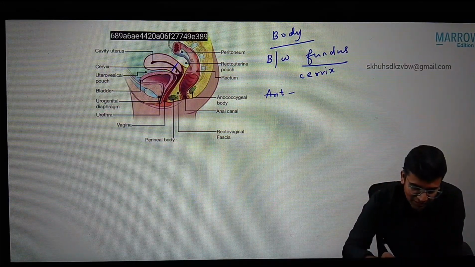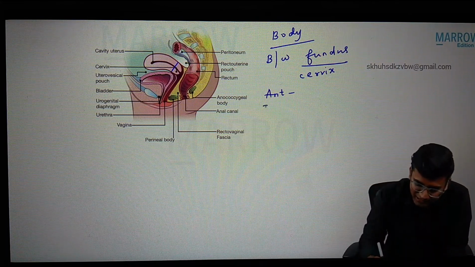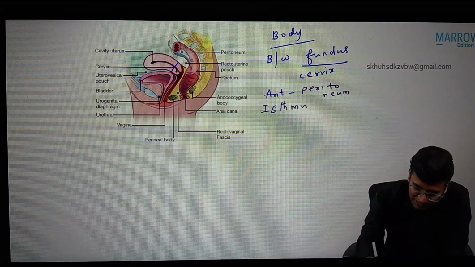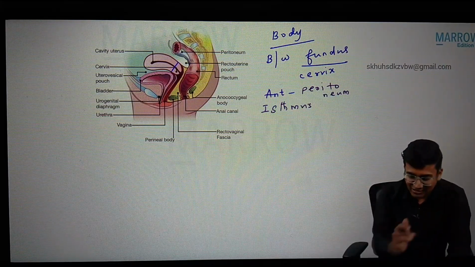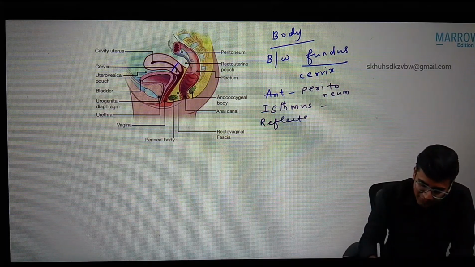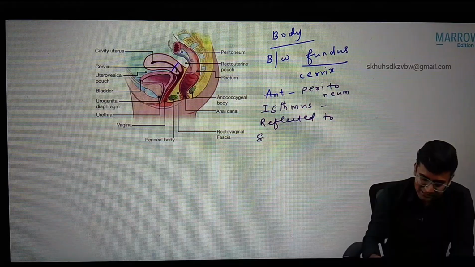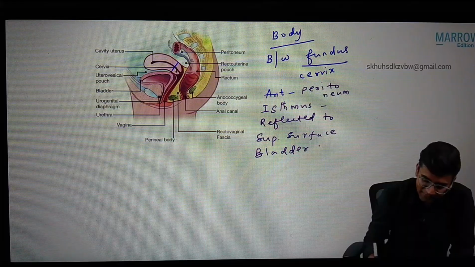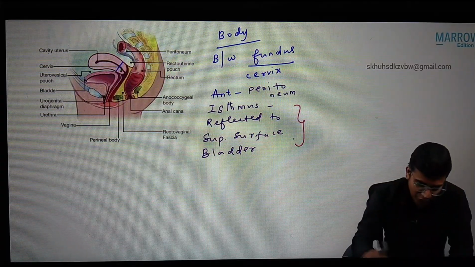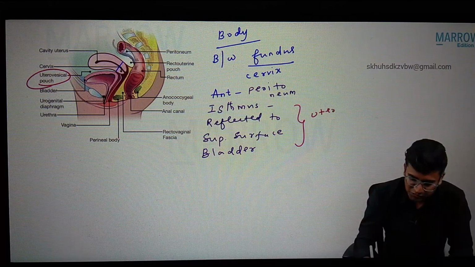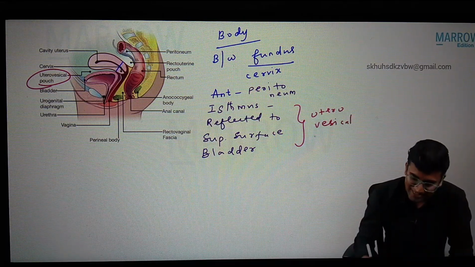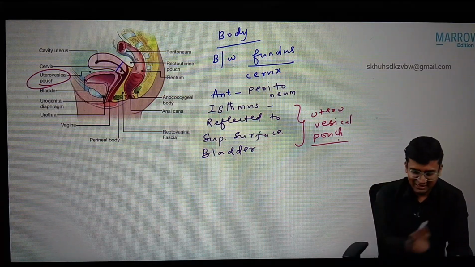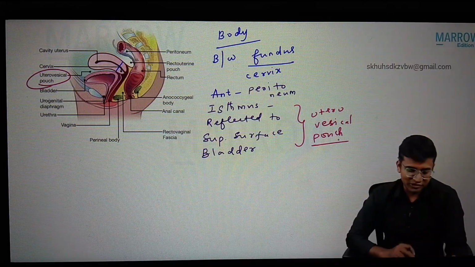Anteriorly, the peritoneum is present only up to the isthmus of the uterus, and reflected to the superior surface of the bladder to form the uterovesical pouch.